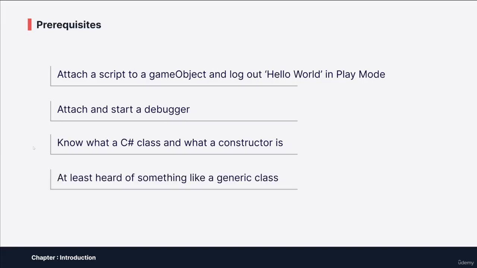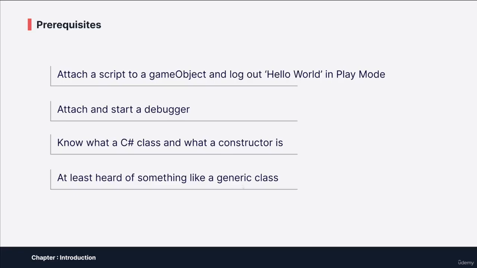And I would say that it would also be good if you then heard of something like generic classes. Now, you don't really necessarily have to use them, but there will be, with some events and some of the coding stuff later in the course, points where the idea of having classes that can have generic parameters will be important, and this is sort of again connected to C# in general and this object-oriented idea a little bit.